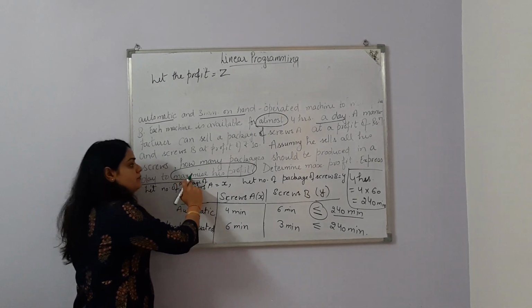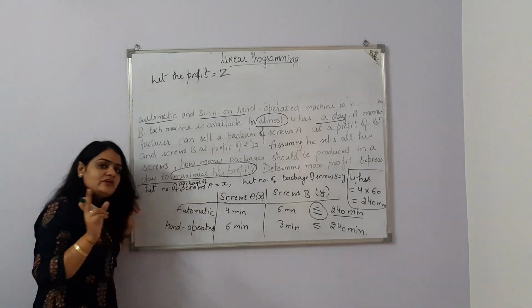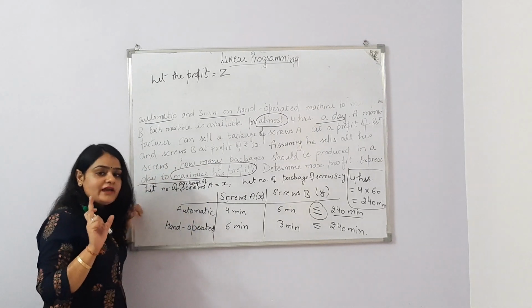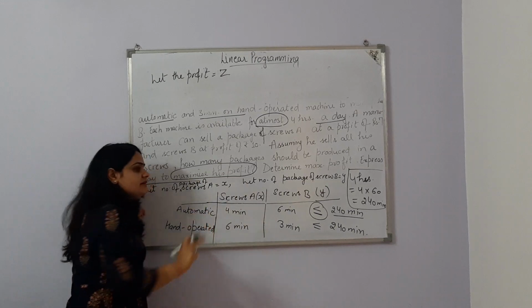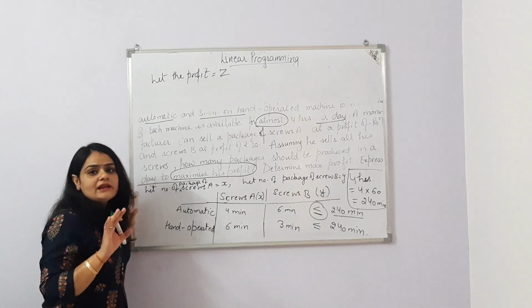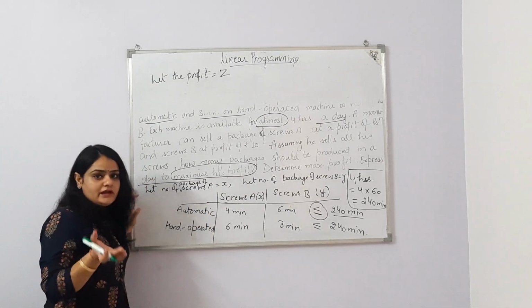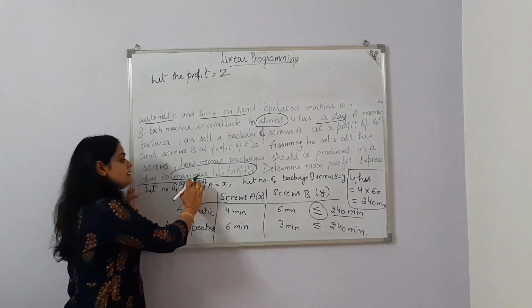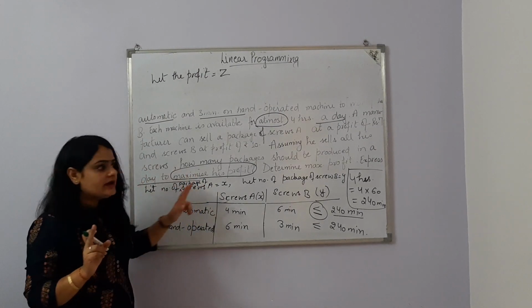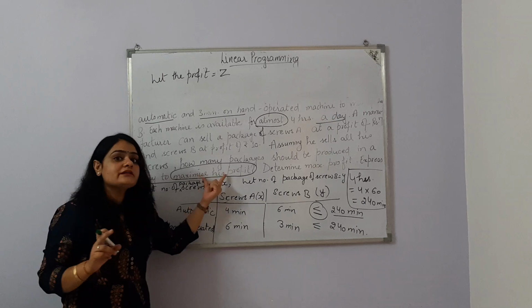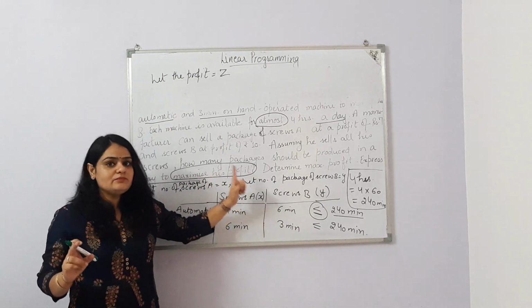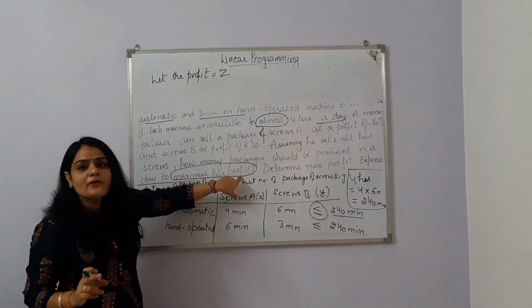If the question says minimize, we need to calculate the minimum value. If it says maximize, we need to calculate the maximum value. It depends on the question whether he is asking to maximize or minimize. And what to maximize? His profit. That means Z is related to profit.